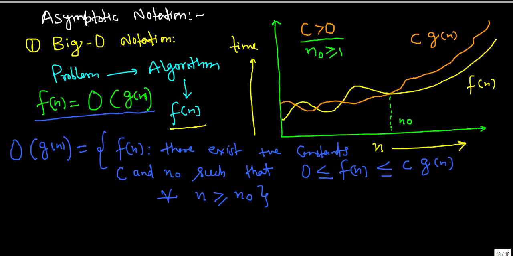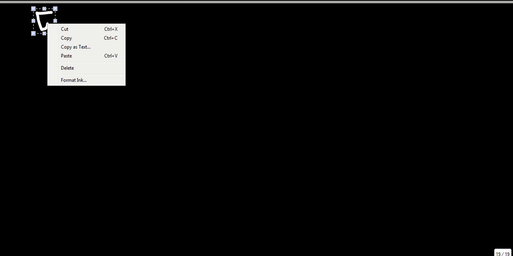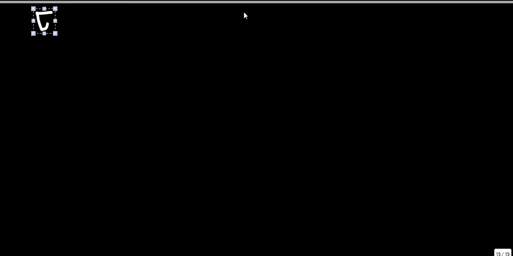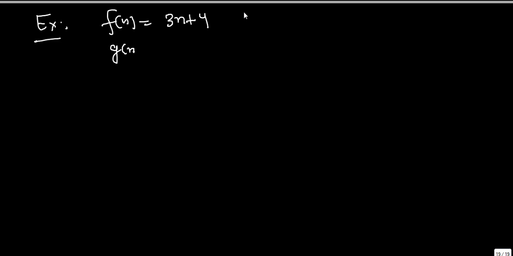Now we can understand this definition using an example. So let us consider an example where f(n) equals 3n plus 4 and g(n) equals n.